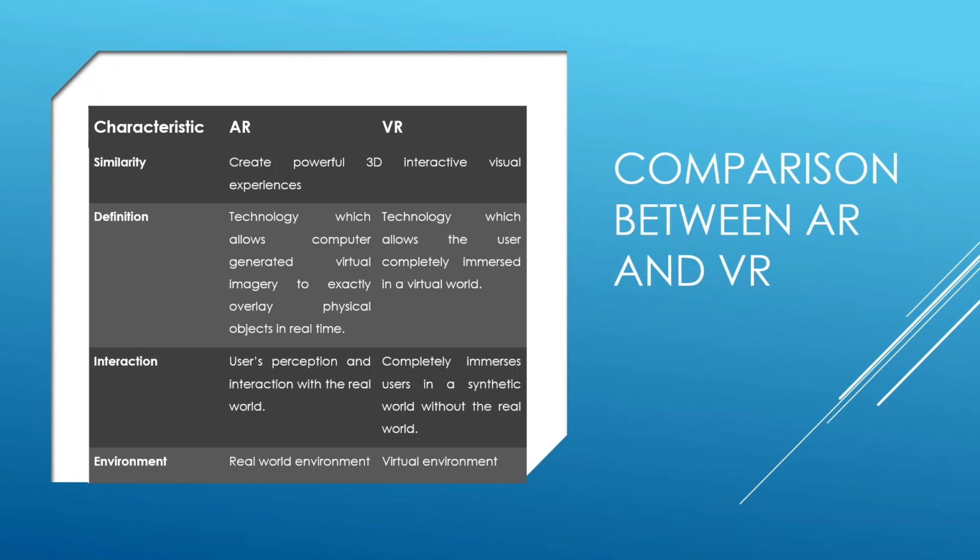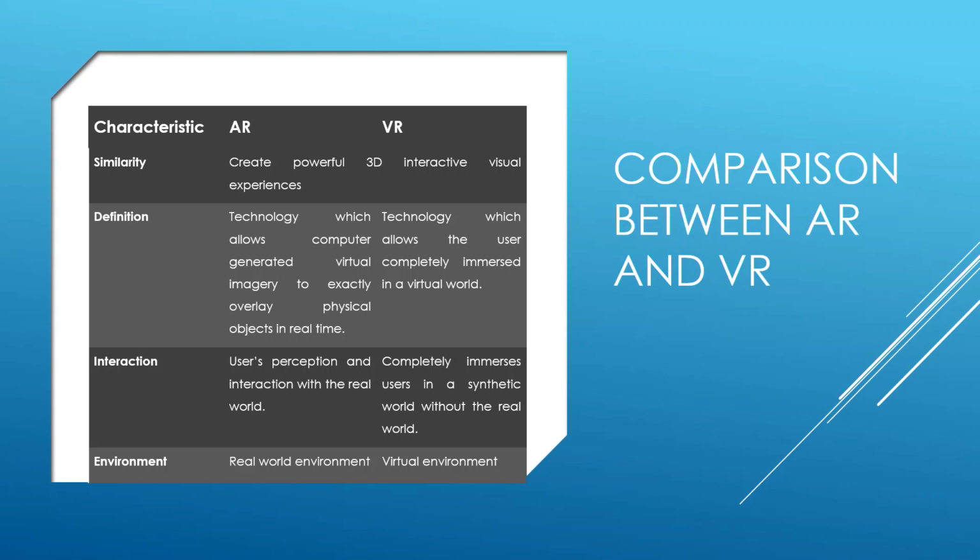Next is the comparison between AR and VR. There is a similarity between them: they create a powerful 3D interactive visual experience, but the definitions are really different. AR is the technology which allows computer-generated visual imagery to exactly overlay physical objects in real time, whereas VR is technology which allows the user to be completely immersed in a virtual world.